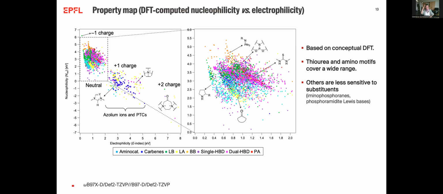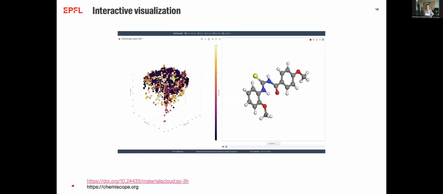I won't go too much into detail on the property map, but I think it's important to note that those databases are labeled, meaning that we have both the structure and some properties that are interesting to characterize organocatalysts in general. Nucleophilicity, electrophilicity, and buried volume are the kinds of properties that are available.